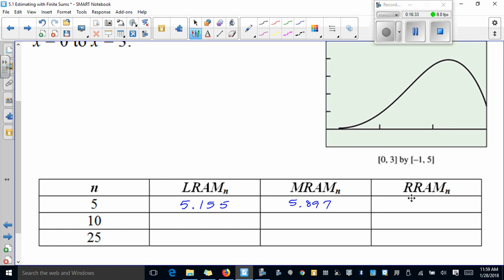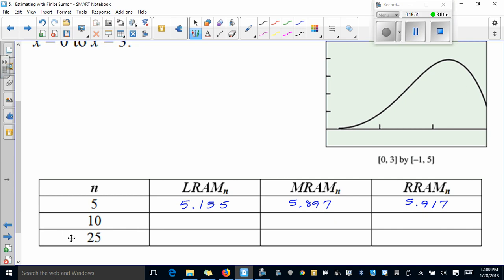Now we're not going to do this one at 25 at all. But when I do 10 of these, the left one is going to give me 5.526.